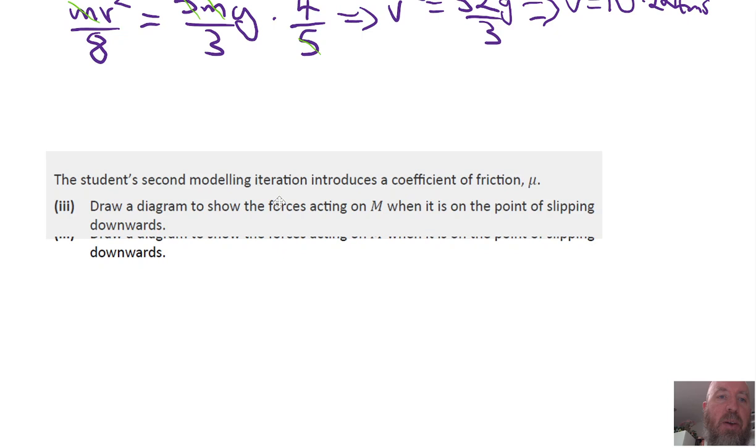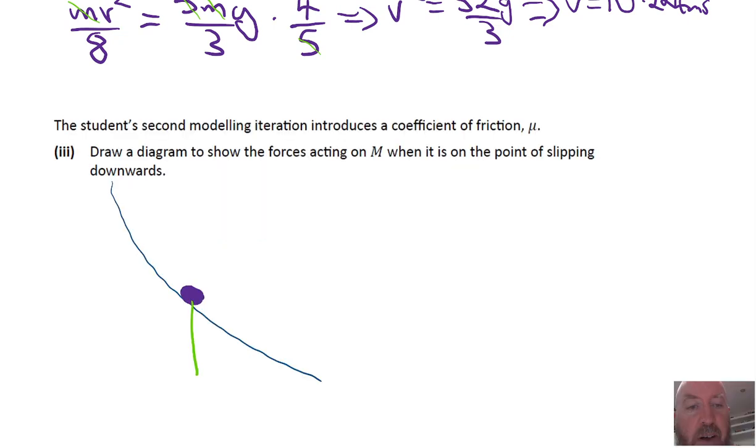We have our m here. So again, we have gravity. We're still on Earth as far as we know. We have our reaction, because the bike is touching. And what we have now is friction. So what is friction going to do?